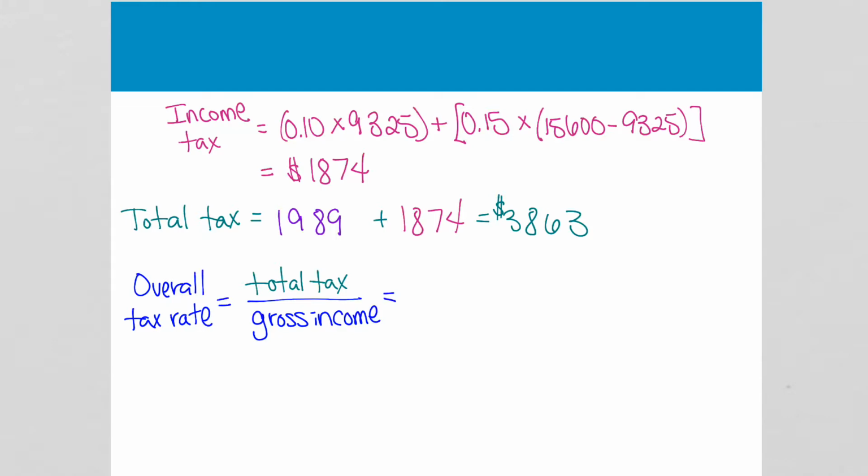So the total tax is $3,863. Her gross income was $26,000. That gets 0.149. So her overall tax rate is 14.9%. Okay, that means that overall, that's how much she paid. She was in the 15% tax bracket, but because it breaks it down and because of the FICA, it ends up being 14.9 overall.